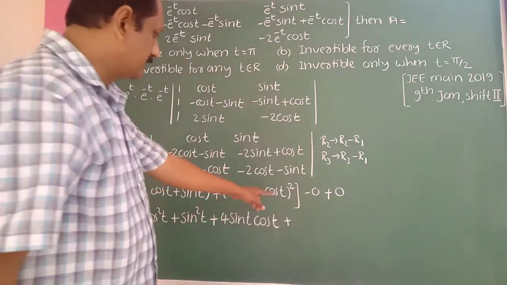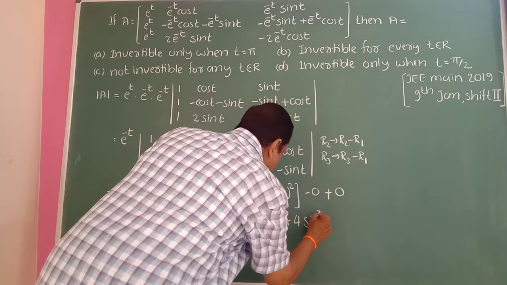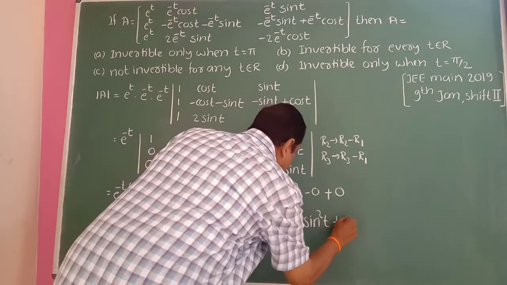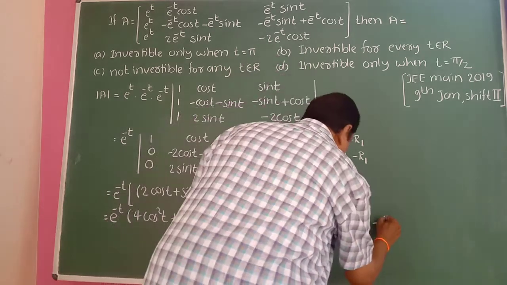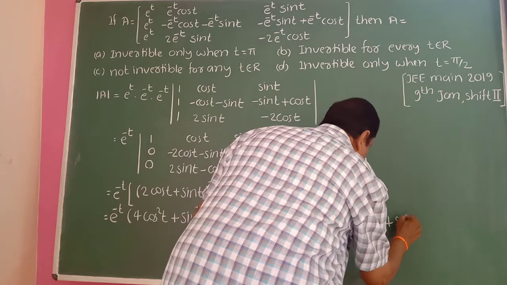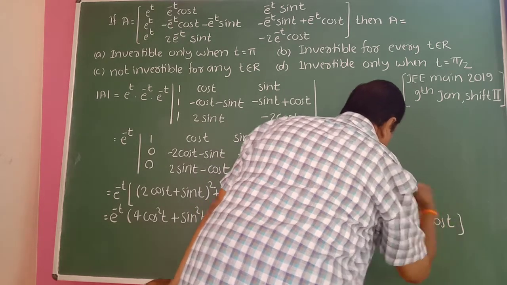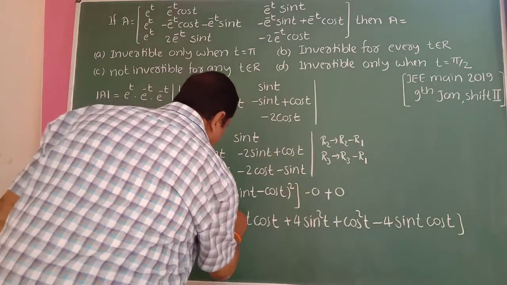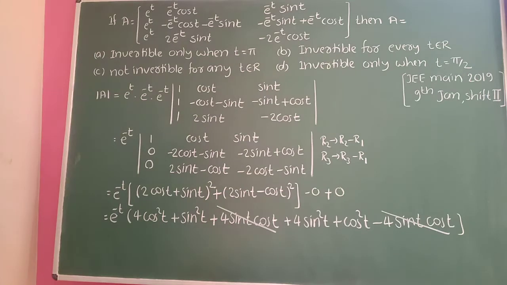Then expand this term: 4 sin square t plus cos square t minus 4 sin t cos t. Then the 4 sin t cos t and minus 4 sin t cos t cancel here.